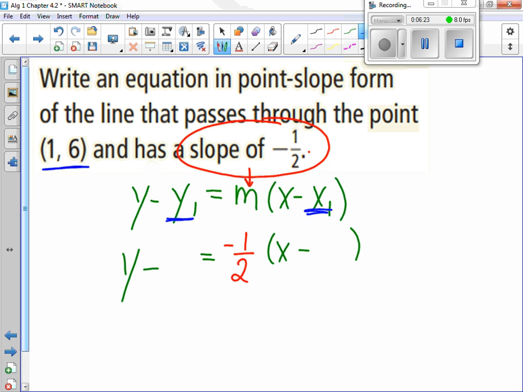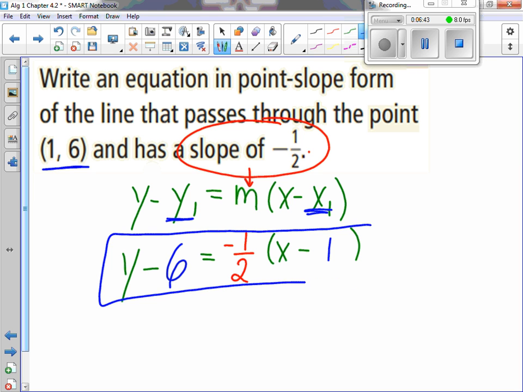So what value would we plug in for y1? 6, because the value of y for this point is 6. What would be the x value for this point? This is in point-slope form. Because we don't have any minusing negatives, we can leave it as this here. That's it.